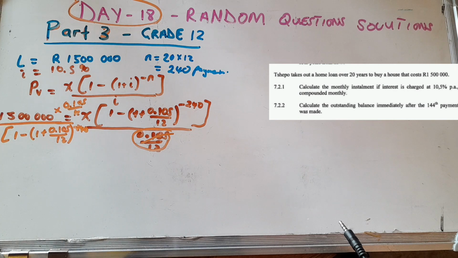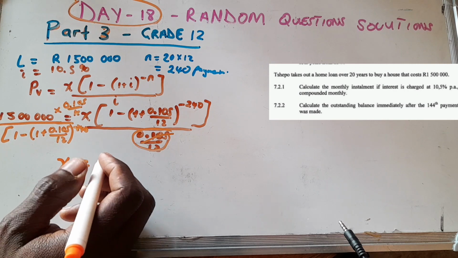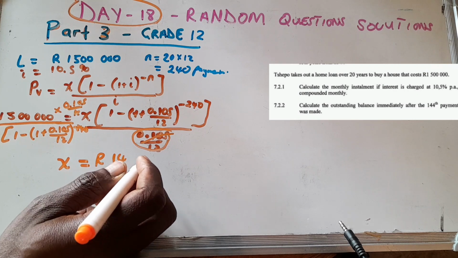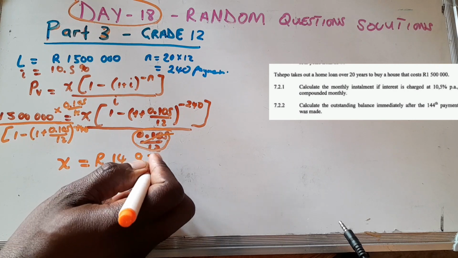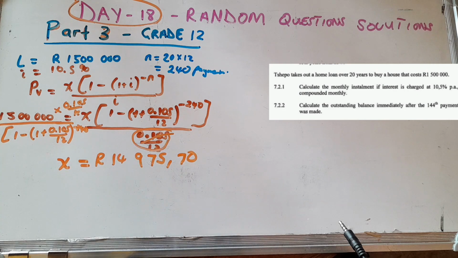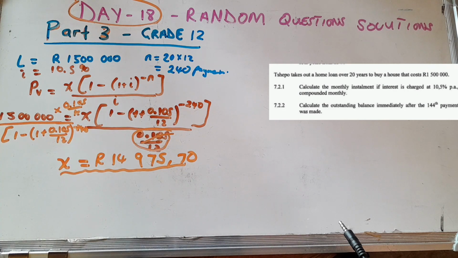So this is what we are going to do to find the value of x. So our x finally becomes 14,975.70 rand. So this is the amount that he was paying every month, right?